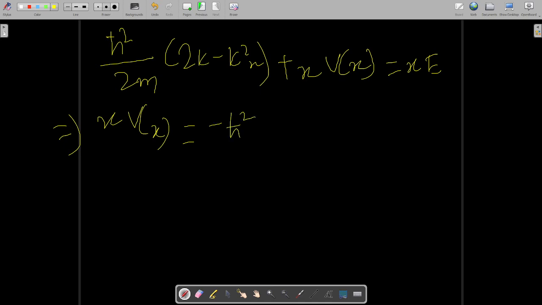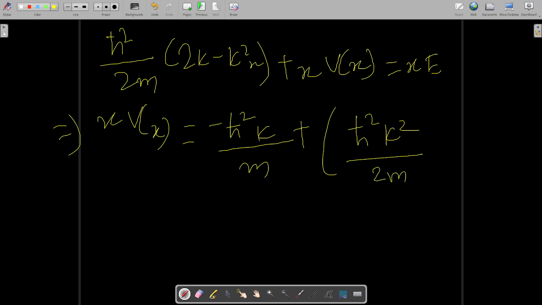minus h cut square k over m plus... I am writing directly now, because it is a very easy step. You can do it along with me in the notebook. If you do it along with me in the notebook, you will realize that it is not a big task, because this multiplied by this is an x term.